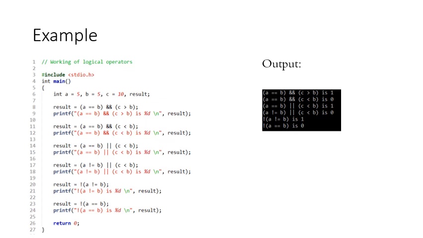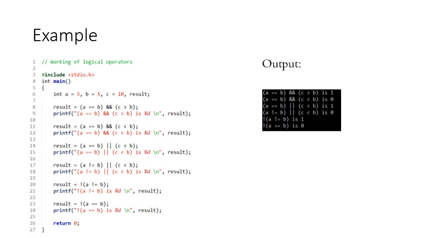So we know that and has the lowest precedence, so we first evaluate whether a equals b. So is a equals b? Yes, indeed, because a and b are 5. And then is c greater than b? Yes, so they are both true. So since the logical and will return 1 or a true only if both of your operands evaluate to true, that's why your result here is 1.